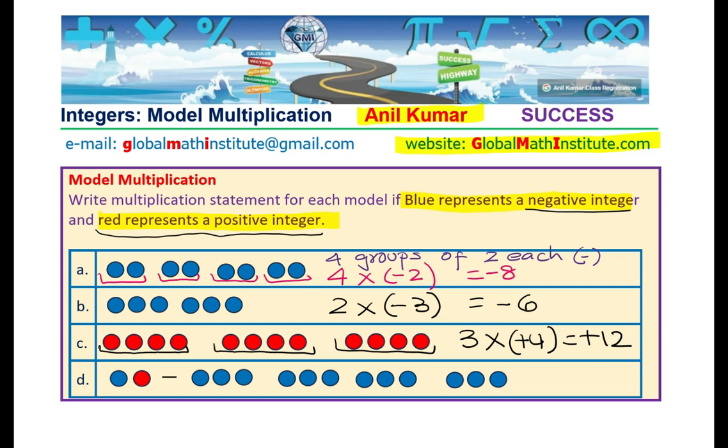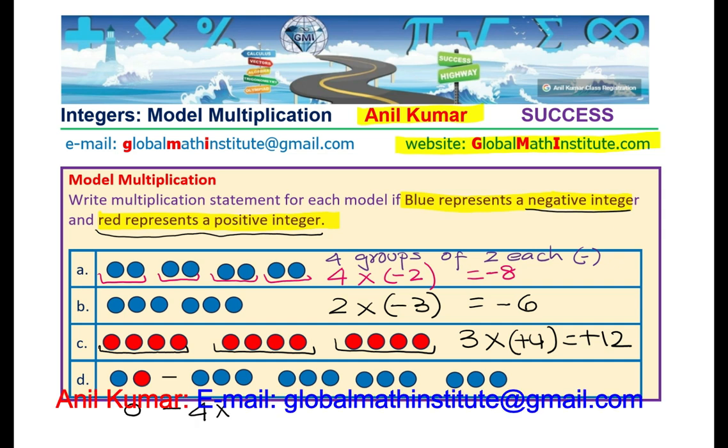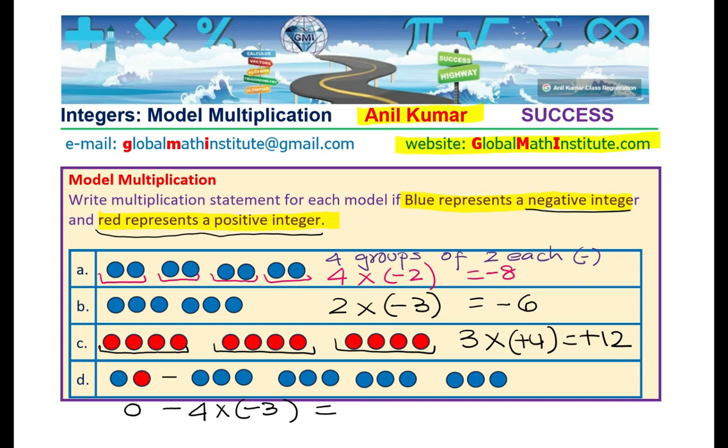So I could write 0 for this, and then we have a minus. Is that clear to you? The rest of it is 4 groups of 3 each, and 3 negative each, right? So 4 groups of negative 3. That should be the answer. So this is 0 and negative of 4 groups of negative 3 each, right?